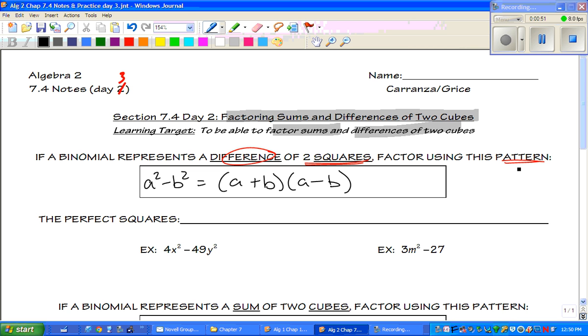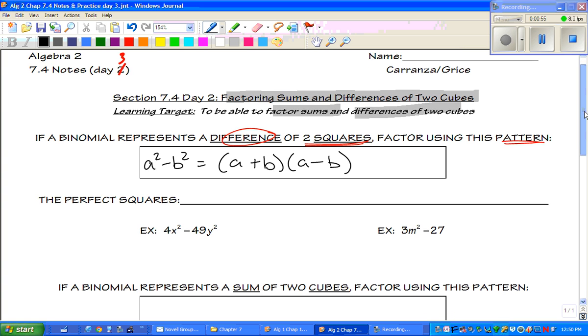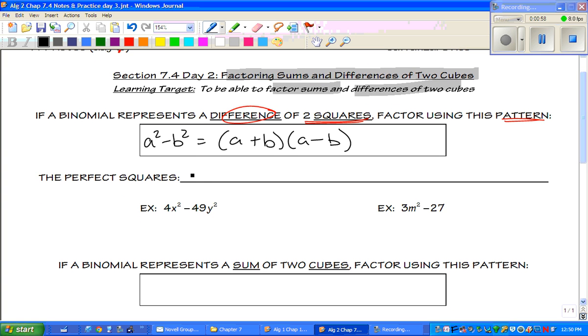Okay, and the perfect squares, after taking geometry, you guys should know the perfect squares. 1, 4, 9, 16. You might ask, where am I getting these? 1 squared, 2 squared, 3 squared, 4 squared. The next ones are 5 squared, 6 squared, 7 squared, 8 squared.